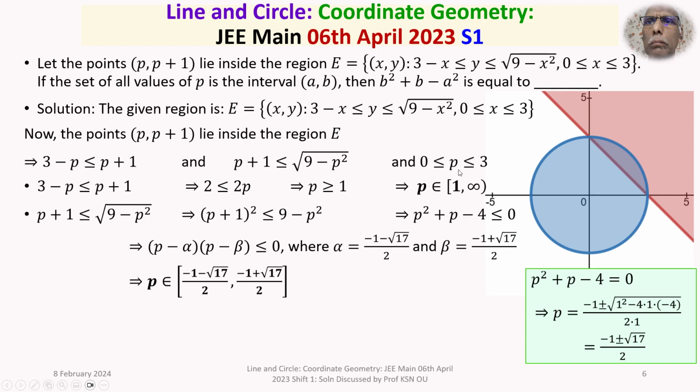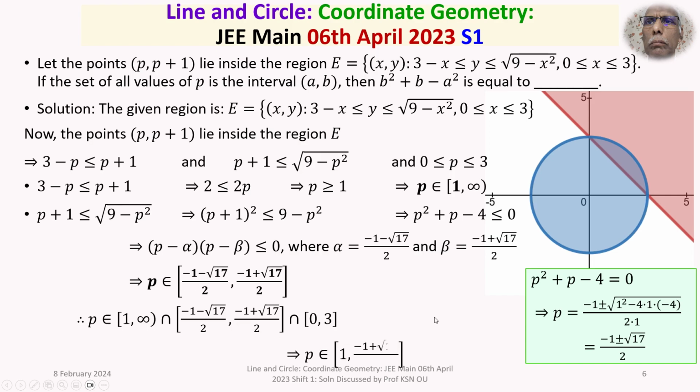And the common portion of all this will be p. So p belongs to the first one, 1 to infinity, intersection this one, alpha to beta, the closed interval, intersection 0 to 3, the closed interval 0 to 3. The common portion will be p belongs to that common portion.